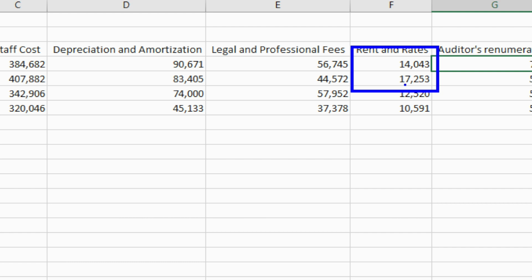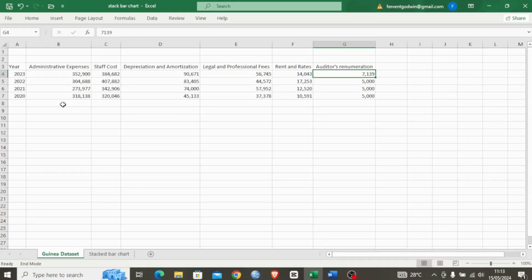So also, if we observe very well, we will see that there was also a reduction in the administrative expenses, from 2020 to 2021. So we could see that in 2021 there was actually 318.